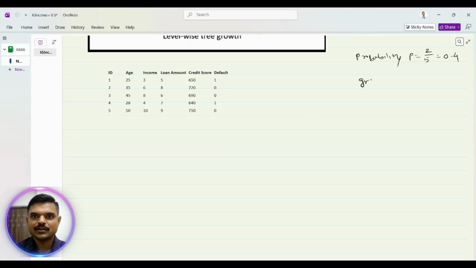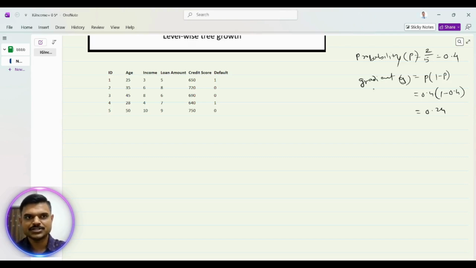Now the Hessian is equal to probability into 1 minus probability, which is 0.4 into 1 minus 0.4, which is equal to 0.24. Sorry, I first called this the gradient, but this is the Hessian. I will just correct it.